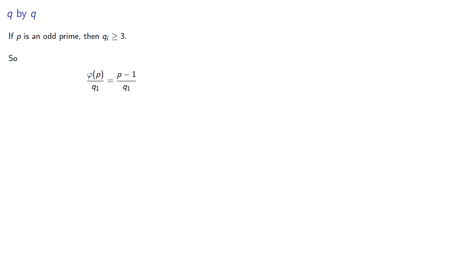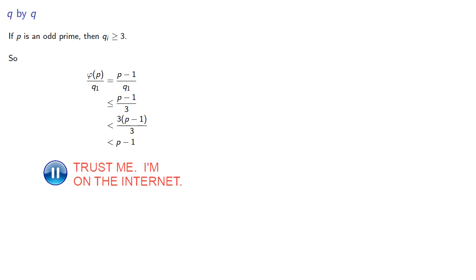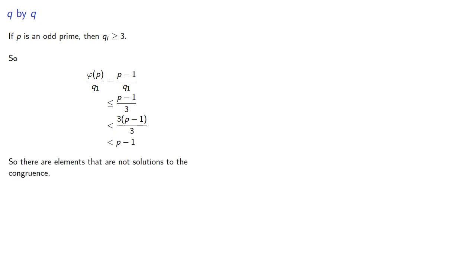If we make the denominator as small as it could be, that makes the quotient larger. If we make the numerator bigger by multiplying by 3, that maintains the inequality, and we can remove that common factor of 3. And so this quotient is strictly less than p minus 1, which means there are elements that are not solutions to the congruence.